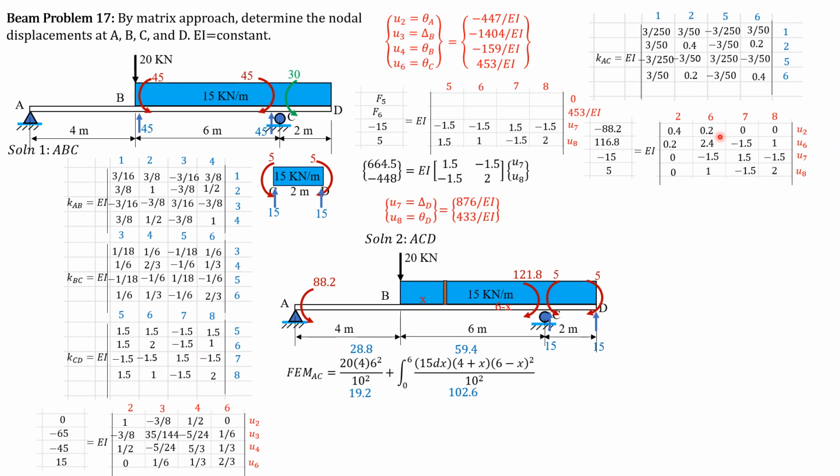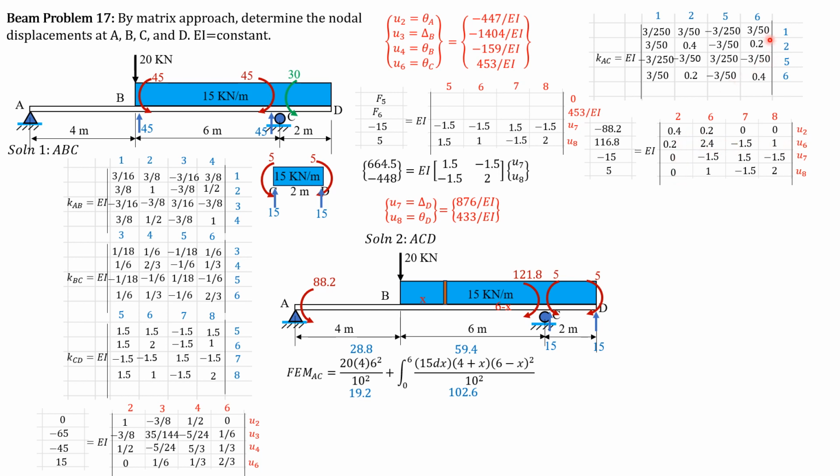So if we have 2, 2, it is 0.4. There's no 2, 2 in CD here. Then 2, 6, 2, 6, 0.2. 2, 7, there's none, so 0. 2, 8, there's none, 0. So we copy 0.2, 0, 0.